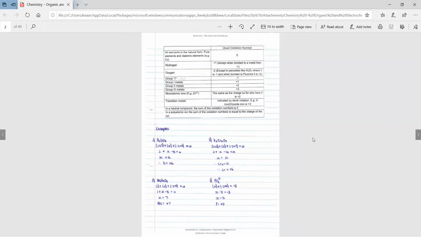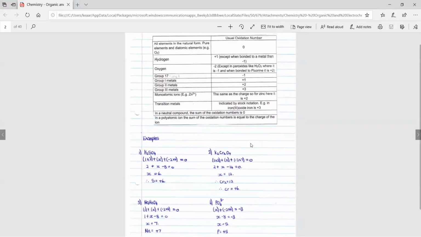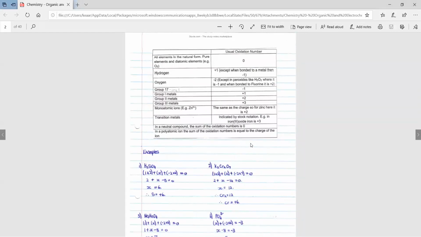Okay. So now, in order to see the different types of oxidation numbers that there are, all elements in their natural form, so pure elements or diatomic elements, for example, O2, have an oxidation number of 0. Hydrogen, this is when we have hydrogen by itself.